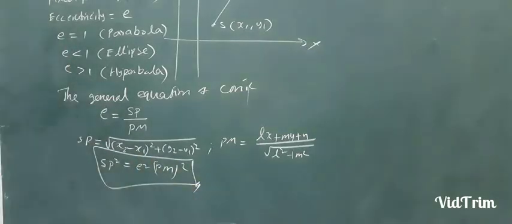That is the general equation or general form of the conic. These basic concepts develop into the first one, the parabola, the second, the ellipse, and the third, the hyperbola. First of all, we are going to study the parabola, which is the easiest part of the entire two-dimensional geometry.